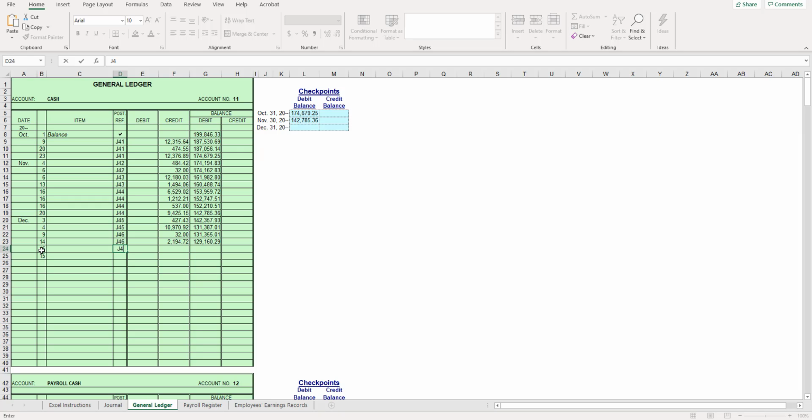I haven't shown every single posting, so please make sure that you go ahead and do that. Okay, so for this one, we do need to make sure that we post to our cash account. All right, so make sure you post to the cash account.